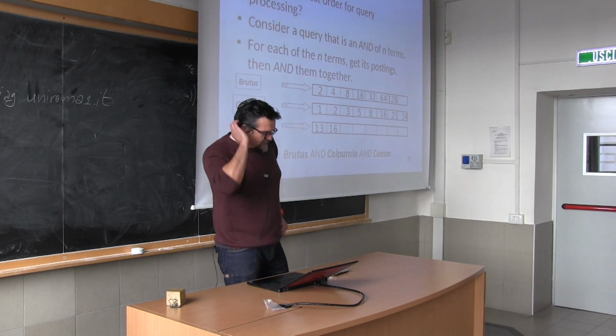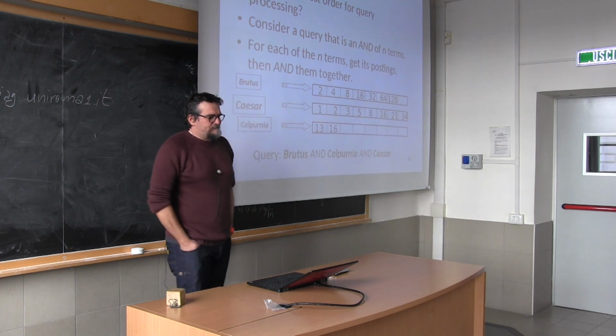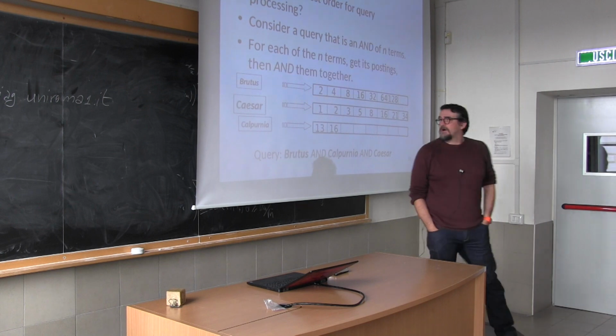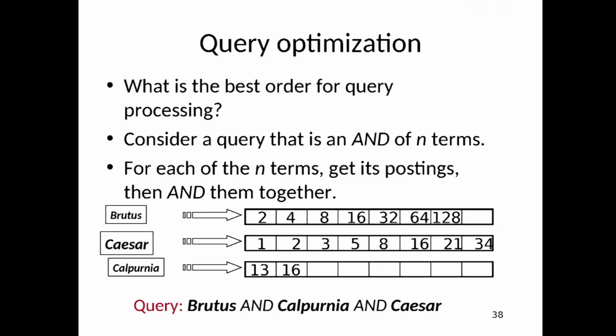Okay. So let's see again. I want to make the AND of those three terms: Brutus and Caesar and Calpurnia. So the query is this one: Brutus and Calpurnia and Caesar.